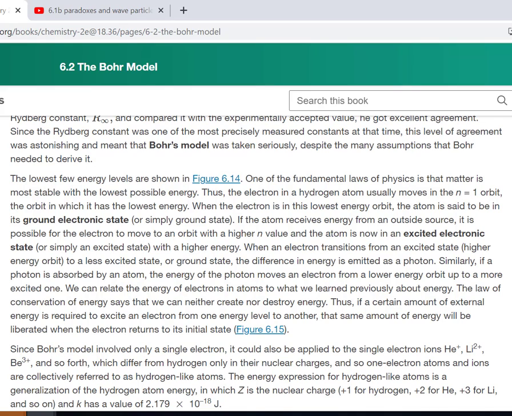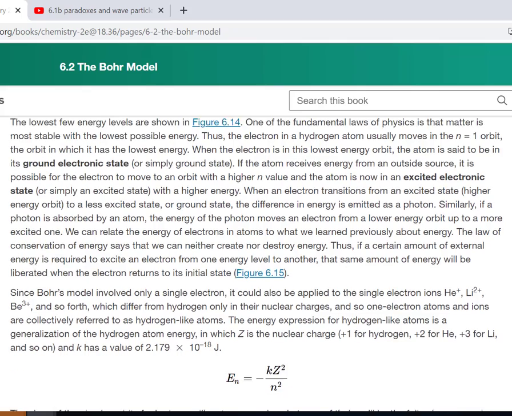Then when they are able to absorb energy, possibly by having an electric current passing through them, they absorb energy and go to what's called an excited electronic state. This has a higher energy, but that is temporary, and they eventually drop back down into a ground state. As they do so, they emit electromagnetic radiation. So that's what's going on in the Bohr model.